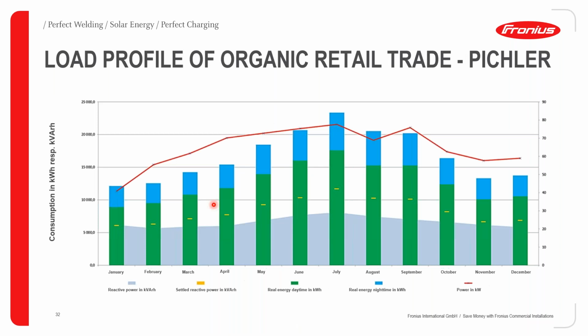And a look at the load profile. It gives you detailed information in terms of the reactive power, the real power. And from here, we can see that it goes into a very, very high region of about 200,000 kilowatt hours.